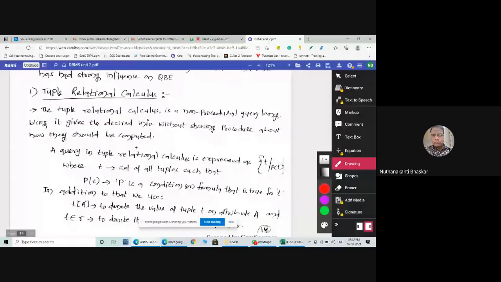Same like domain relational calculus also, nothing is there when we know the mathematical relation.